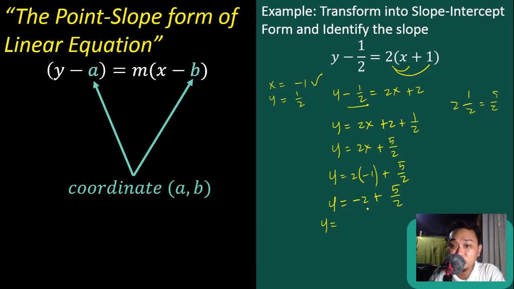All we have to do is to multiply 2 on the numerator and 2 on the denominator. So that becomes 2 times 2 is 4 over 2. O, parang magic, ano? Anong ginawa natin? Nag-multiply tayo kay negative 2 times 2 over 2. For what purpose? Para magkaroon lang siya ng denominator na 2.